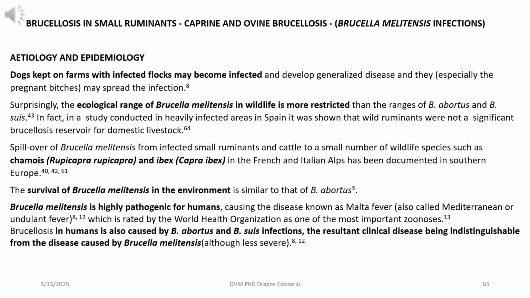Brucella melitensis is highly pathogenic for humans, causing the disease known as Malta fever, also called Mediterranean or undulant fever, which is rated by the World Health Organization as one of the most important zoonoses. Brucellosis in humans is also caused by B. abortus and B. suis infections, the resultant clinical disease being indistinguishable from the disease caused by Brucella melitensis.